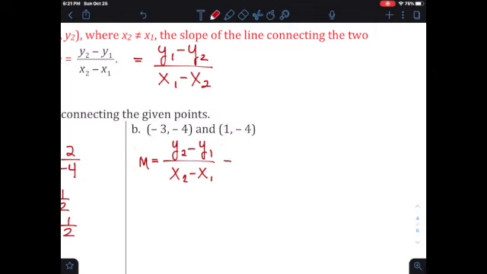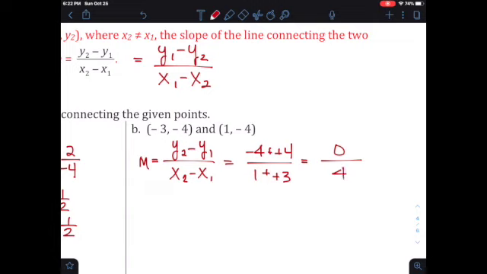Okay, and then that's going to be -4 minus a -4, and then 1 minus a -3. I like to make sure everything gets plugged in first before I do my math. Now this negative becomes positive, so -4 plus 4 is 0. Negative becomes positive, that's going to be +4. So it's 0 over 4.